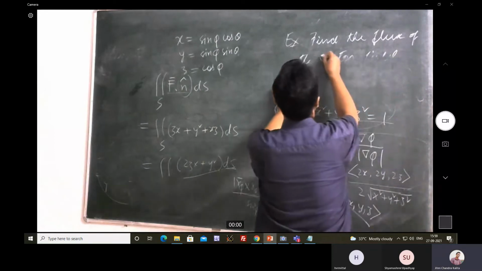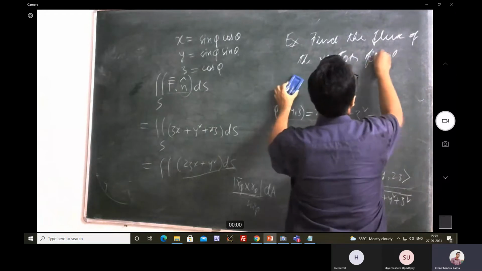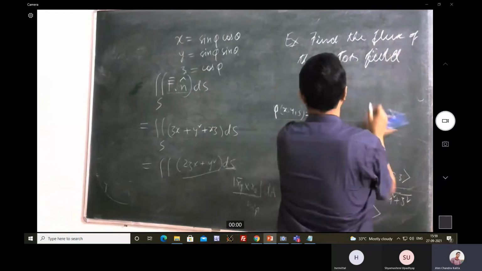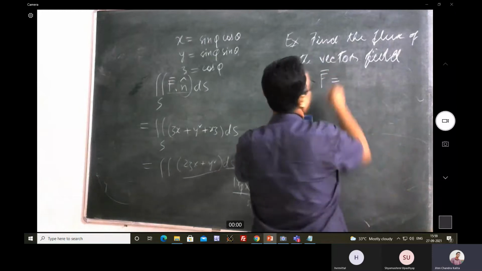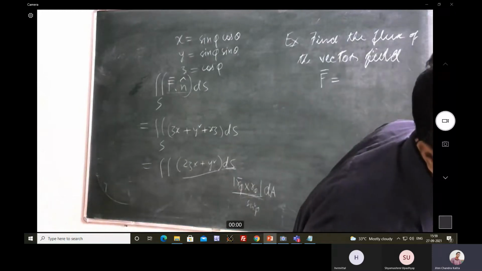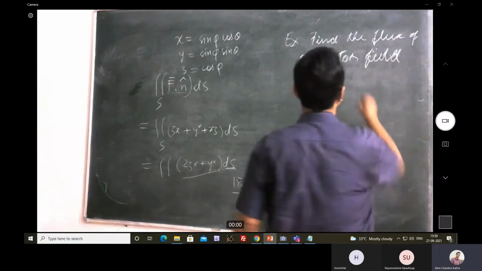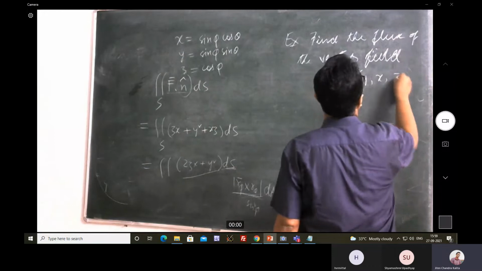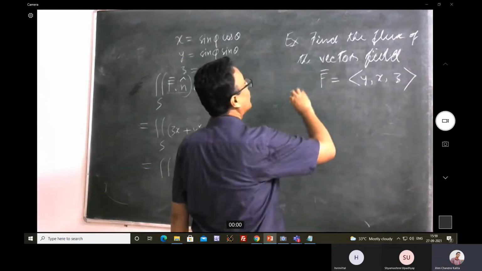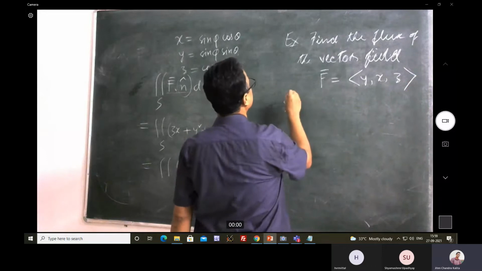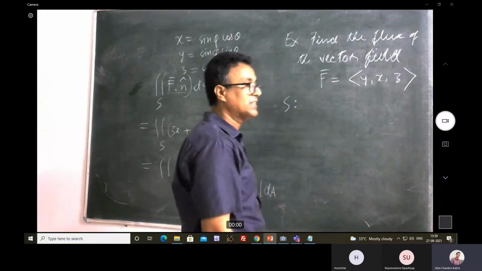So you have to find out the same thing, flux of the vector field F equal to, same thing, yxj. So it is yxj over the surface S, and this S is nothing but what S does.